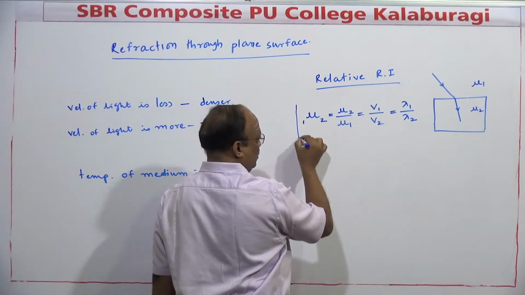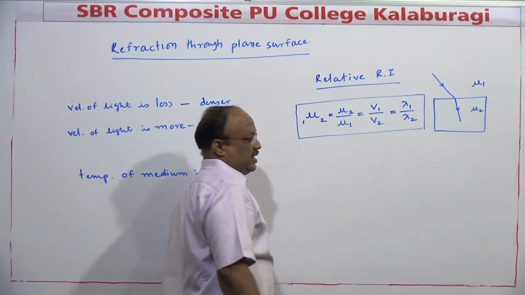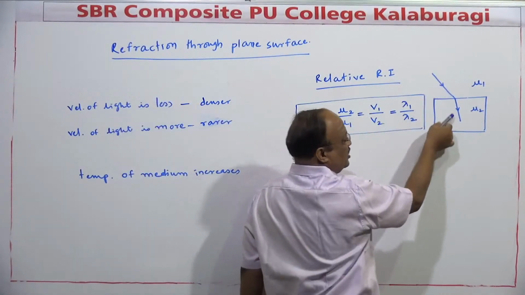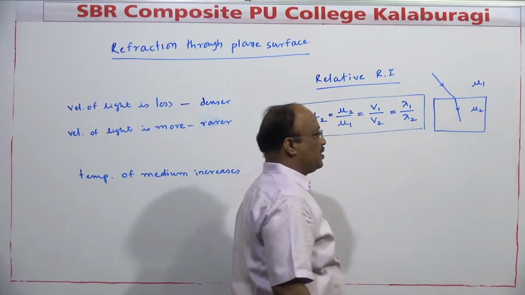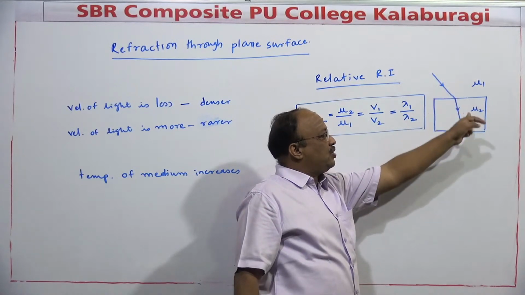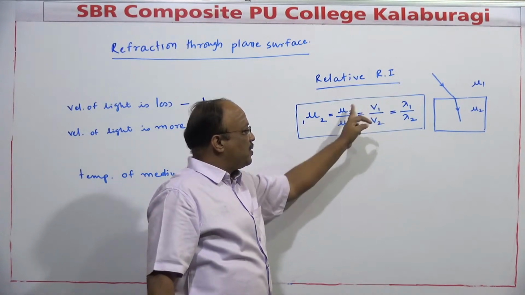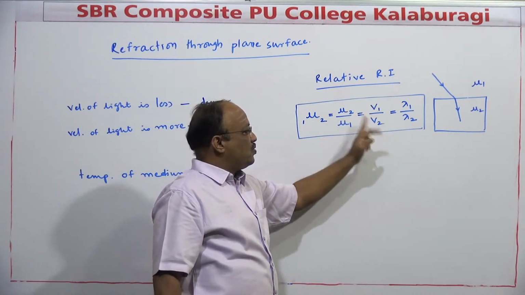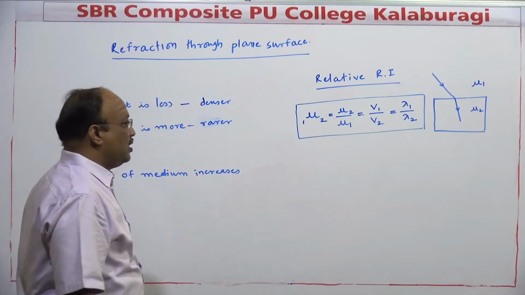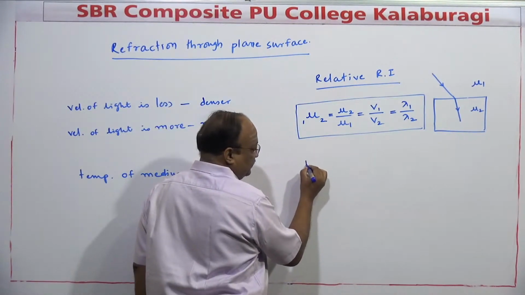So relative refractive index, rather than saying with respect to vacuum, is with respect to another medium: refractive index of the second medium with respect to the first medium. Since velocity is inversely proportional, mu2 by mu1 is equal to v1 by v2. Okay. So then, the principle of reversibility.